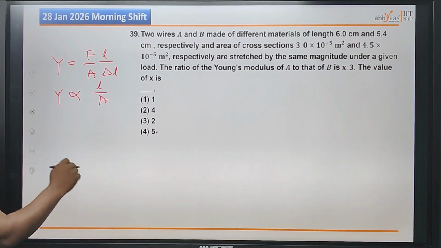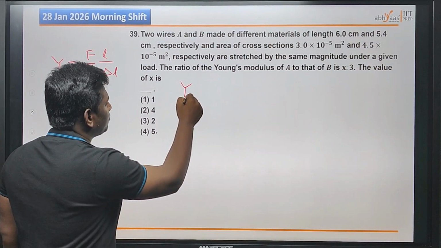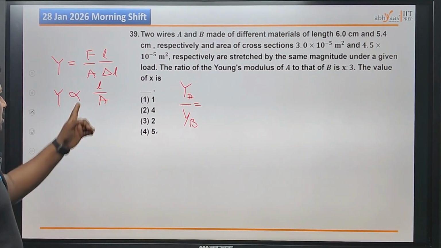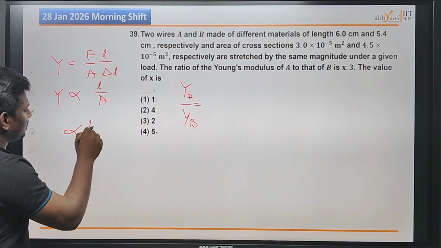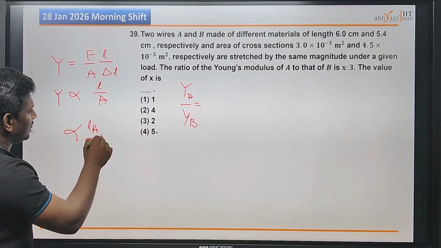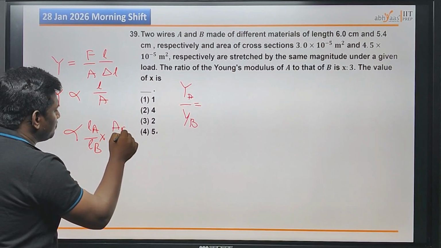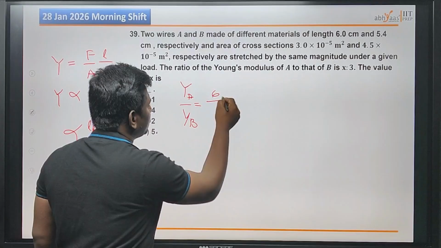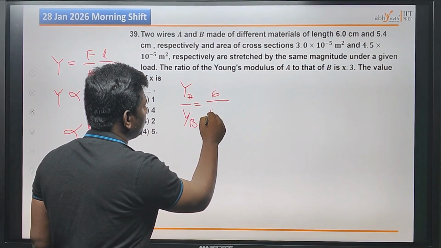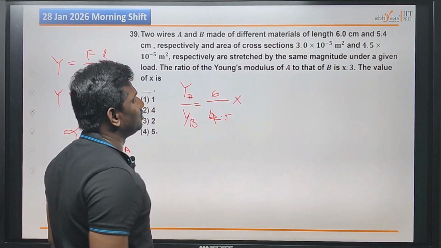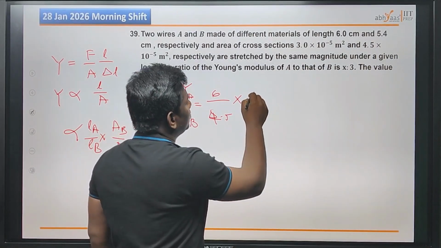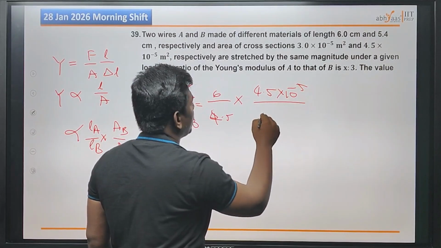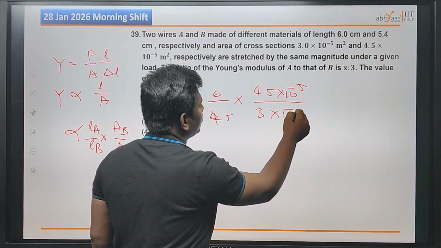You have to find YA by YB. So I am writing LA by LB into AB by AA. LA is 6 centimeters by 4.5 centimeters into AB, 4.5 into 10 to the power minus 5 by 3 into 10 to the power minus 5.